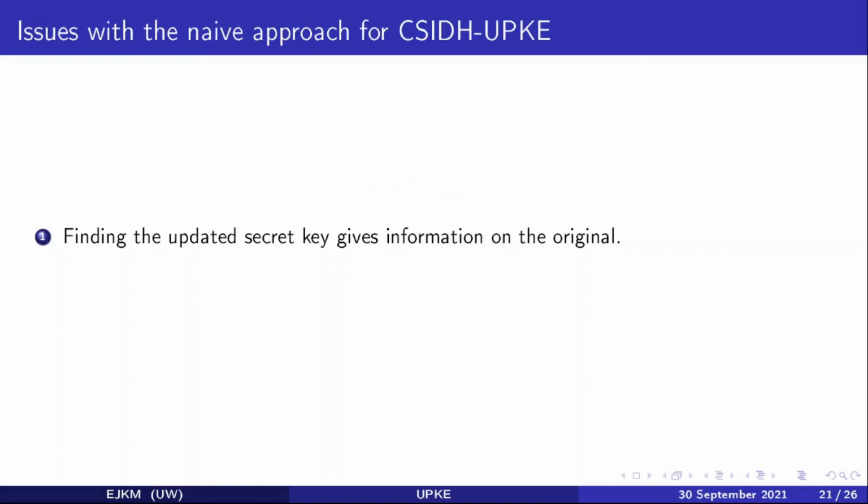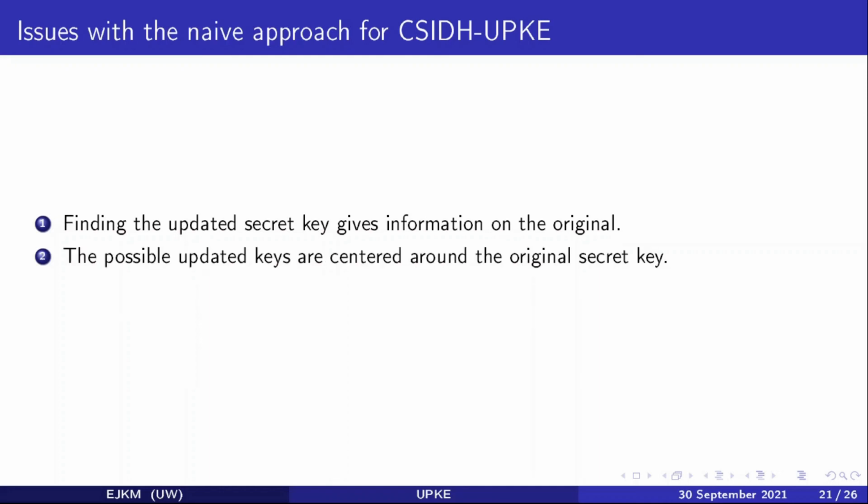However, this naive approach comes with two major issues. The first one is that finding the updated secret key gives information on the original. This will imply that we do not have forward secrecy. This is because the possible updated keys are always centered around the original secret key.